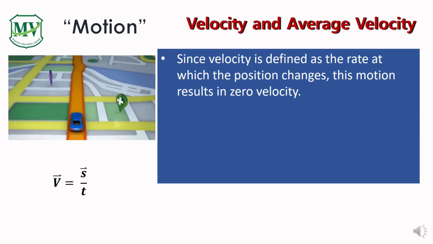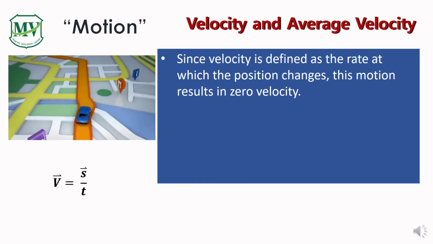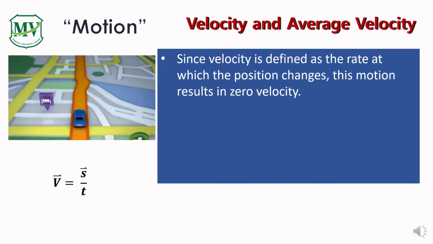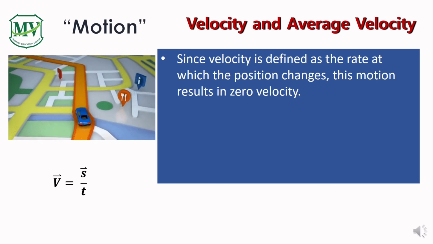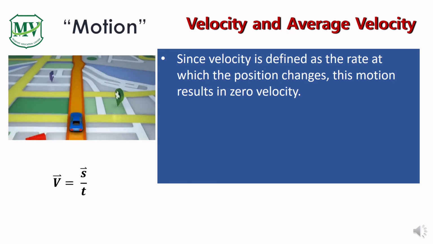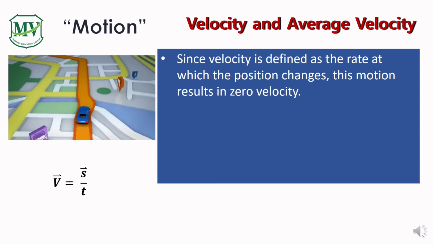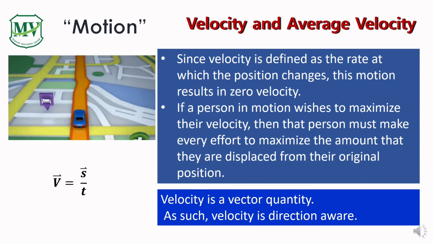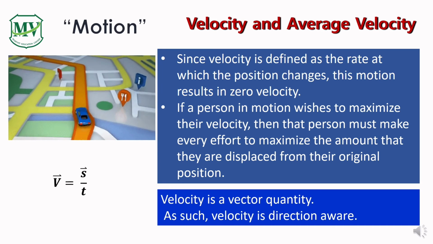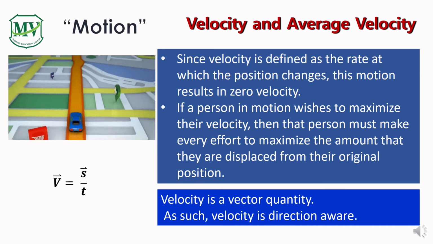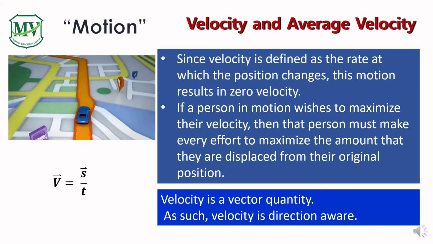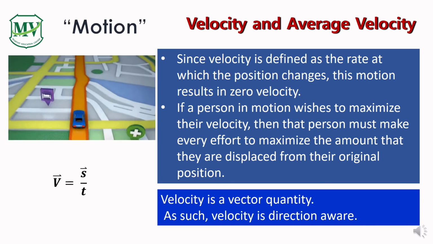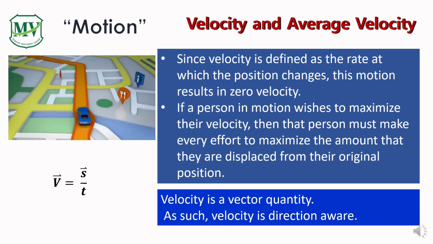So how do we define velocity again? Since velocity is defined as the rate at which the position changes, this motion results in zero velocity. If a person in motion wishes to maximize their velocity, then that person must make every effort to maximize the amount that they are displaced from their original position.